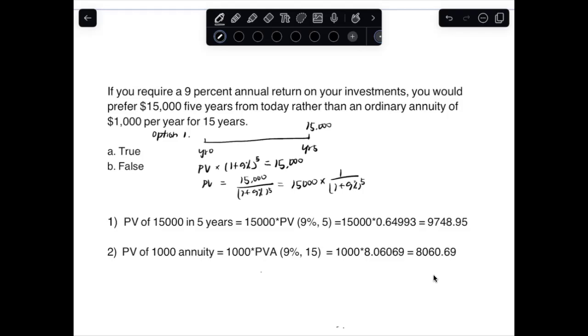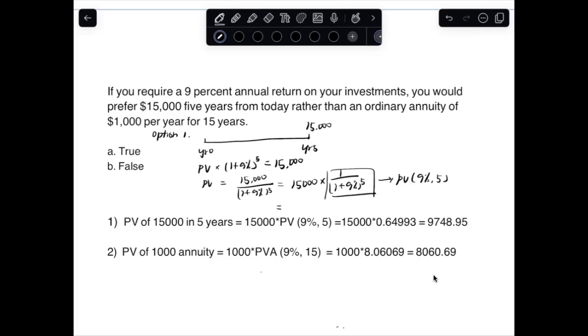To make the calculation easier, we use PV 9% 5 to represent this equation. 9% means the return for every period, and 5 means the number of periods. So there are 5 periods, and each period the return is 9%.